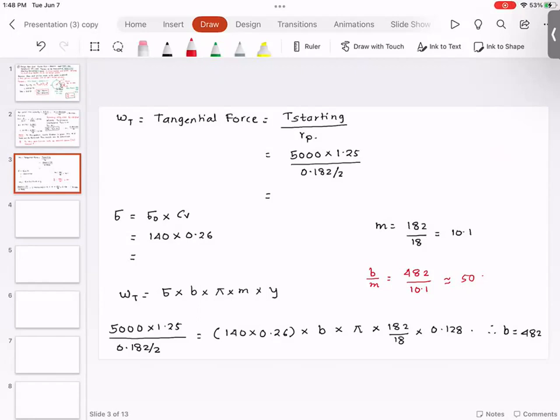That is a disproportionate gear. The B by M ratio for spur gears could go anywhere between 8 to 10, all the way to 12. So clearly, this proportion is not an acceptable design.